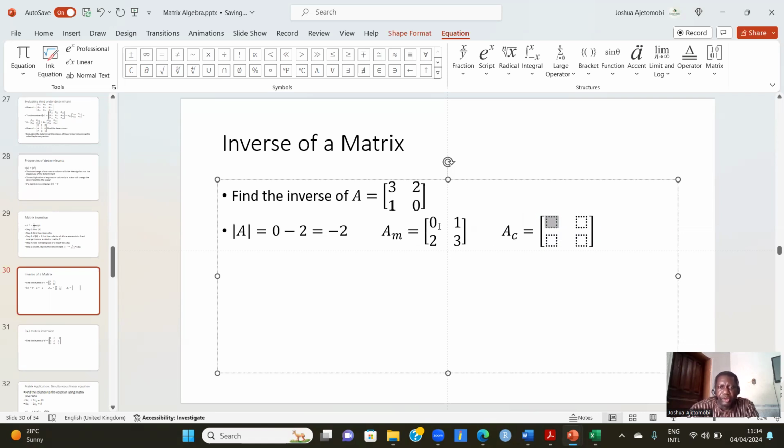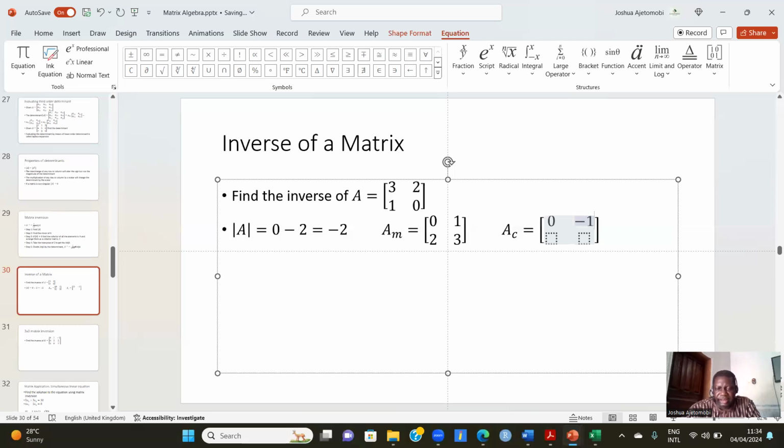Here is A11, that is row 1, column 1 of matrix A. So 1 plus 1, that will give us 2. So minus 1 raised to power i plus j. So 1 plus 1 will give us 2. So minus 1 raised to power 2 will give us positive. So this will be 0. This is A12. 1 plus 2 is 3. So minus 1 raised to power 3 will give us negative. So here we have minus 1.